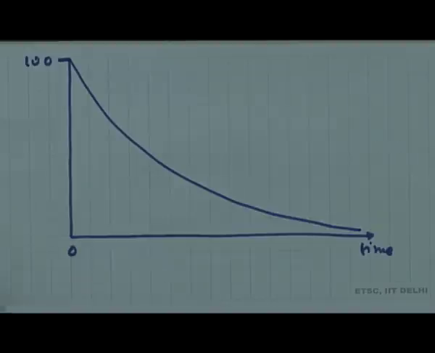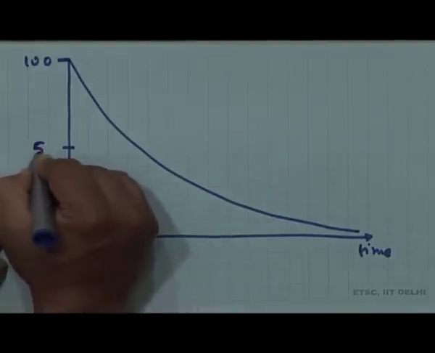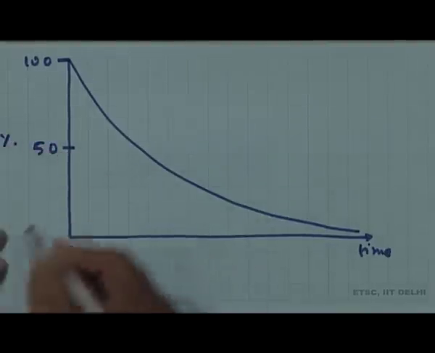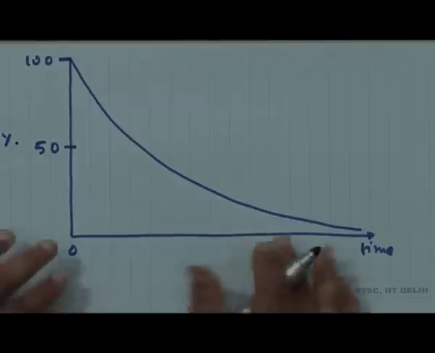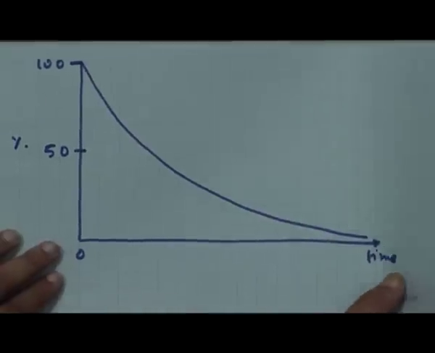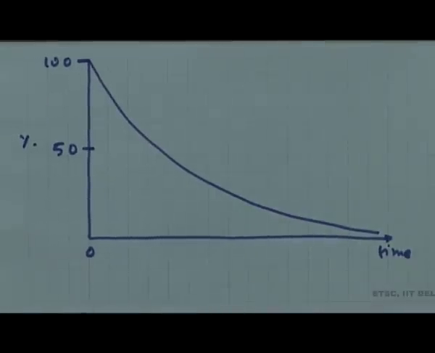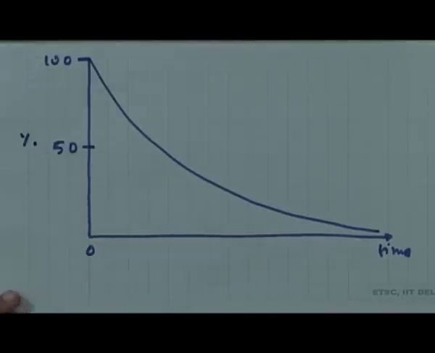Now, let us see, can we do something else with the graph based on the discussions we have had until now? So, what is T half? T half is that part where this one would decrease to say 50%. So, this is 50%, and this axis is percent of reactant remaining.